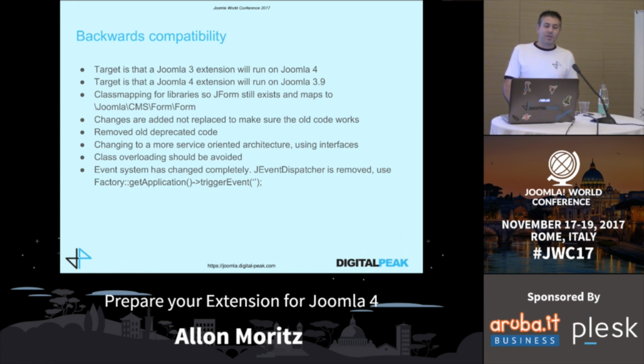A big change was the event system. That changed completely. Basically, classes like J-Event Dispatcher and this kind of stuff got removed. Or basically not just removed, it got replaced by the core framework package.